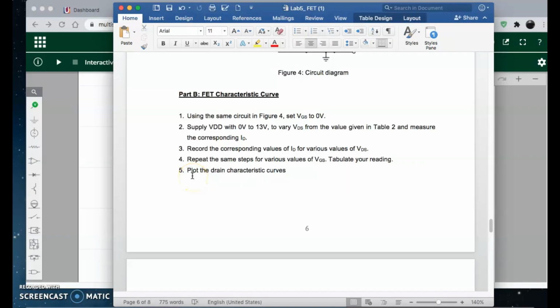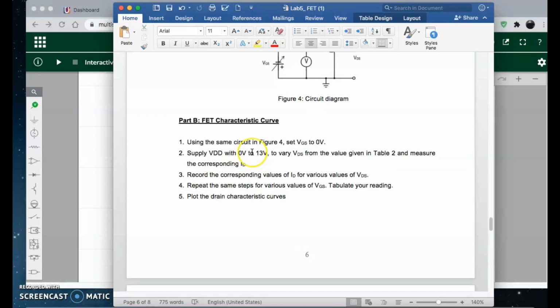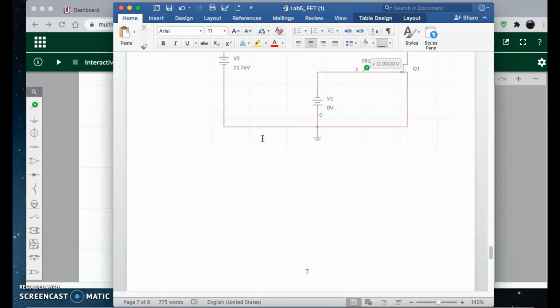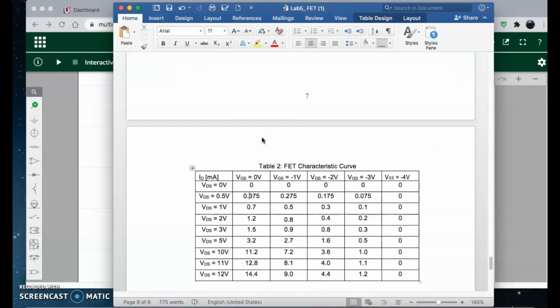Okay, for part B, we use the same circuit as part A, and we must find the value of VDS in the circuit, and VGS is as in the lab sheet, and we must know the ID is current.